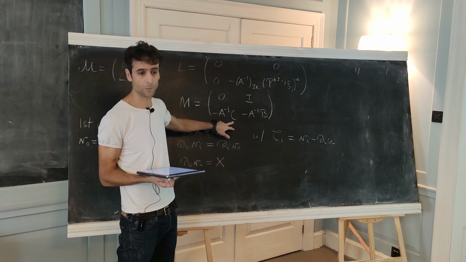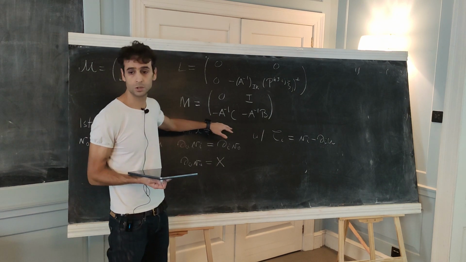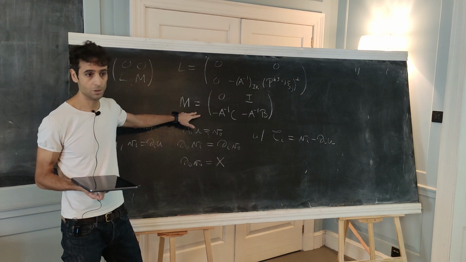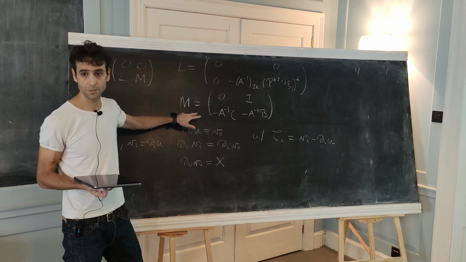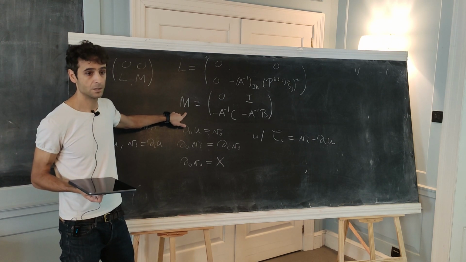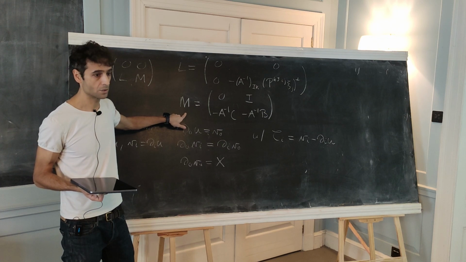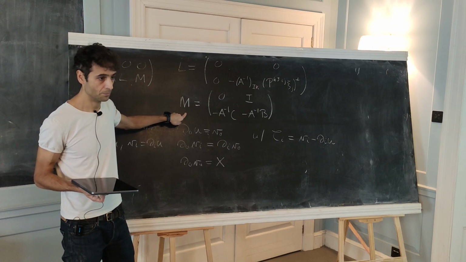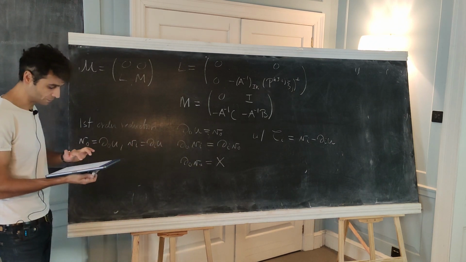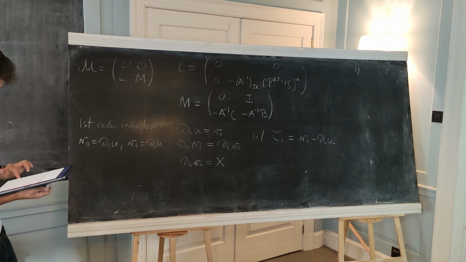So the conditions on hyperbolicity for the second order system boil down to the usual conditions of hyperbolicity for this reduced matrix M. So you can show that the second order system is strongly hyperbolic if this matrix M has real eigenvalues and is diagonalizable. I'm not going to prove this, it would take too long, but that's basically what it is.